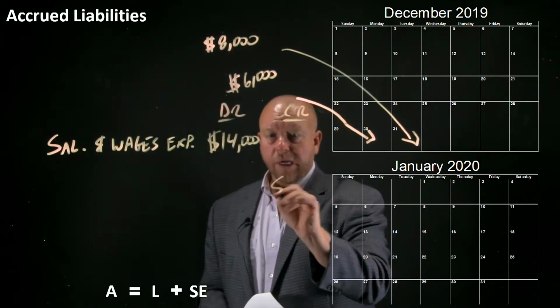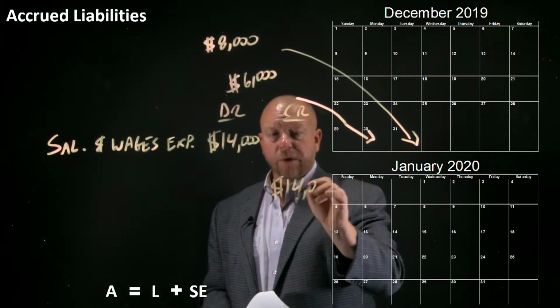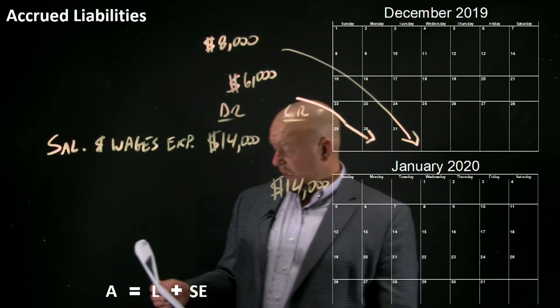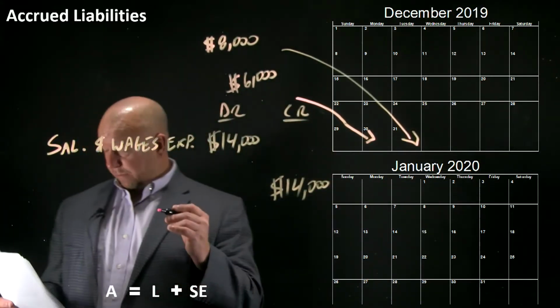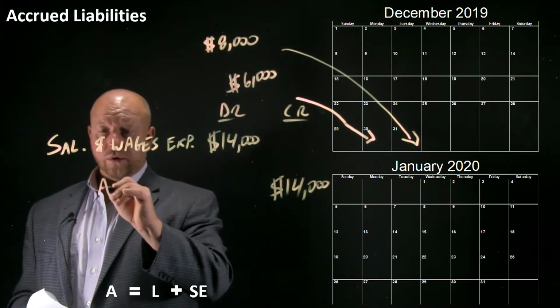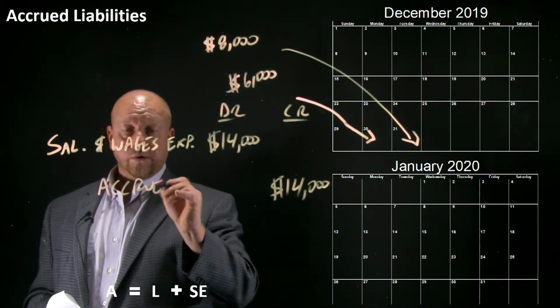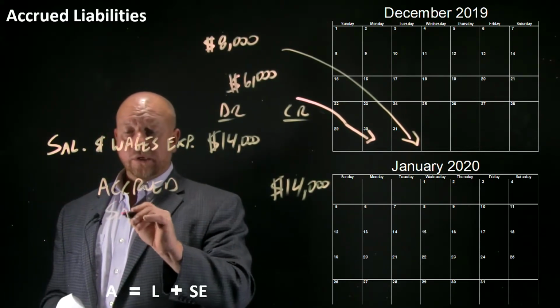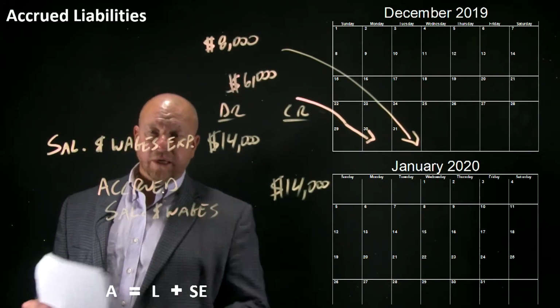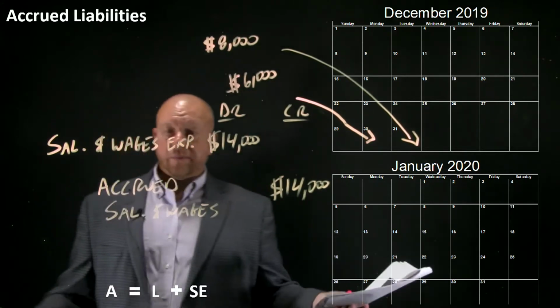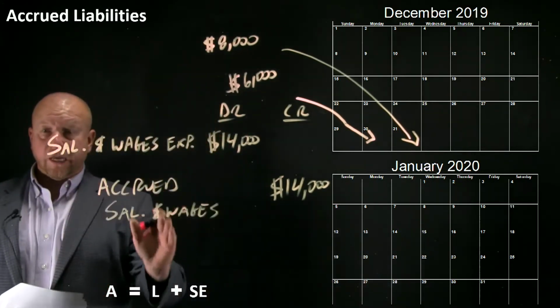And we know there's going to be a credit. For every debit, there's a credit, or at least they're supposed to equal each other. But it's not going to be cash because we did not pay the cash yet. So how about we use an account called accrued salaries and wages. Some companies, like I said before, might call it salaries and wages payable, but either way, it's a current liability.